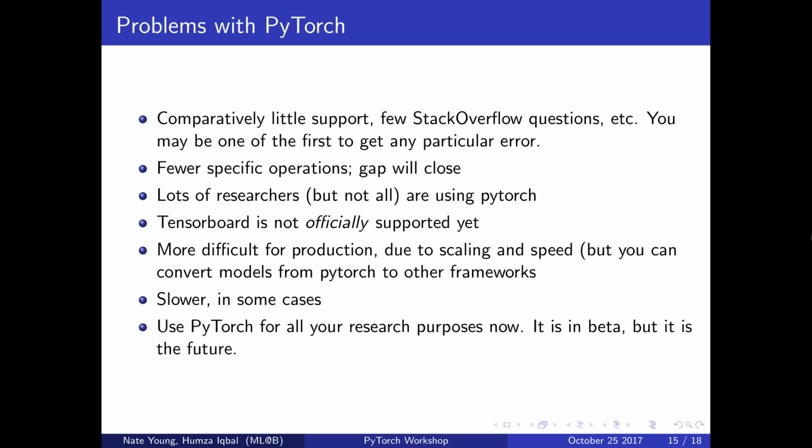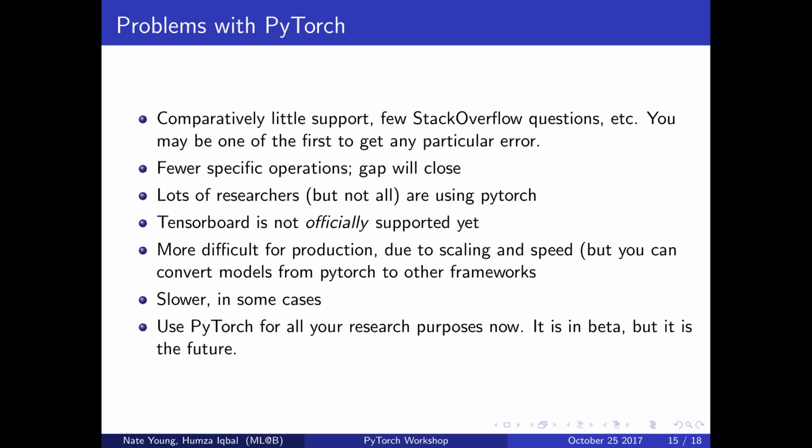Again, the problems with PyTorch, we've already gone through some of them. So PyTorch isn't perfect. We're well aware. One of the big problems with PyTorch is it's a relatively new framework compared to TensorFlow, and as a result, TensorFlow has a lot more ops that were just built in over time.